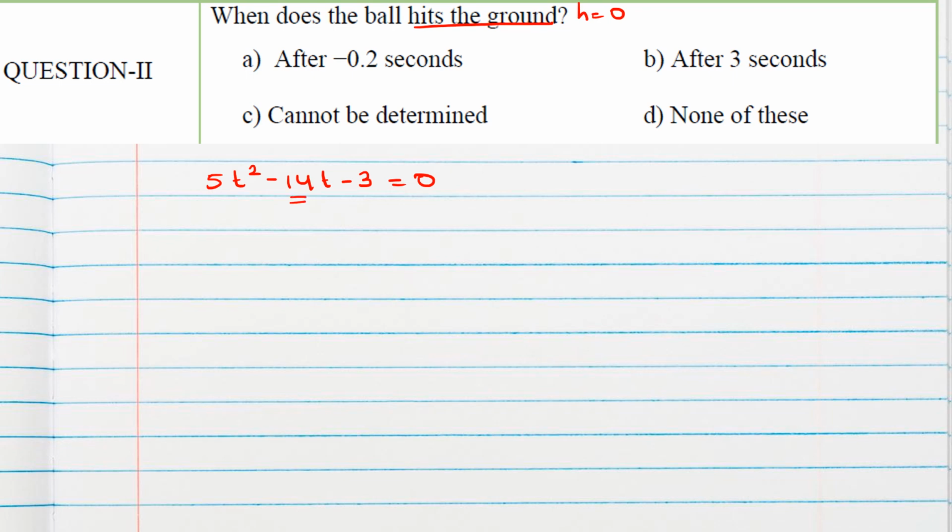Sometimes we cannot directly find the factors, so you can go with the formula method also. Now here we will check 5 threes are 15 and the sum should be minus 14. So minus 15 we can write with 1, minus 15 plus 1 will give the sum as minus 14. So directly we can solve this.